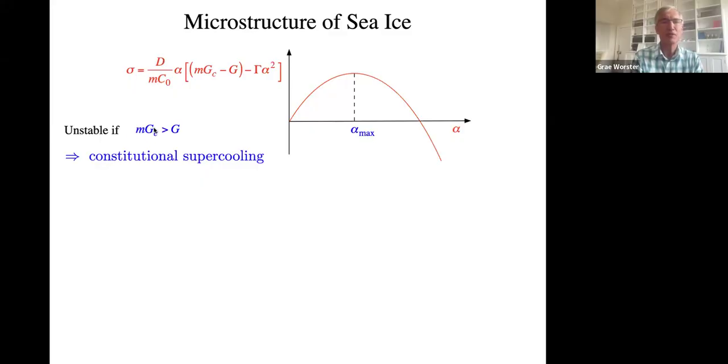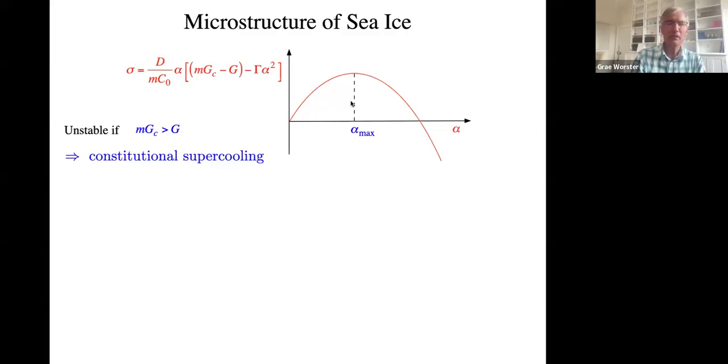So this gives us the slope of the freezing temperature. And if that slope is bigger than the slope of the actual temperature, then the system is unstable. And this is the same condition that gives you constitutional supercooling that we looked at schematically just now. And so we get instability.